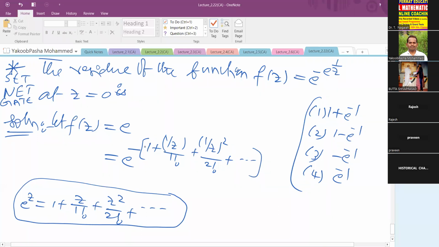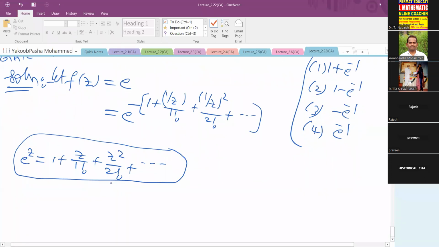This is the expansion of e power 1 by z. So this is equal to e to the power of, I'm separating the terms here, e power minus 1, minus 1 by z, minus 1 by 2 z square, minus 1 by 6 z cube, all of them will have minus.